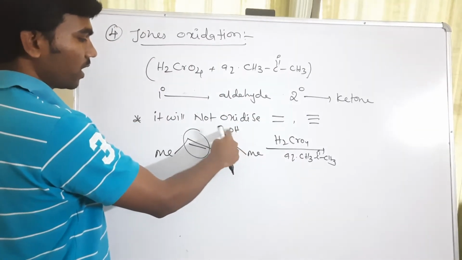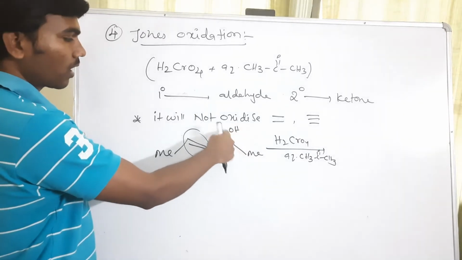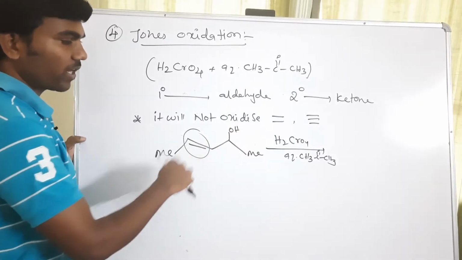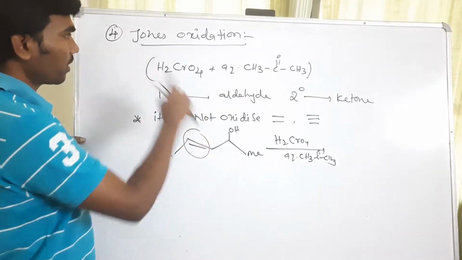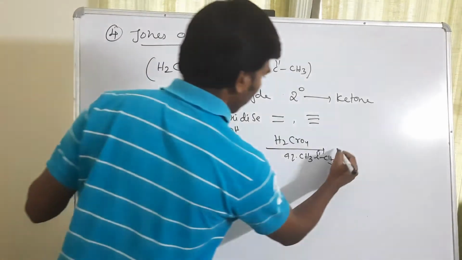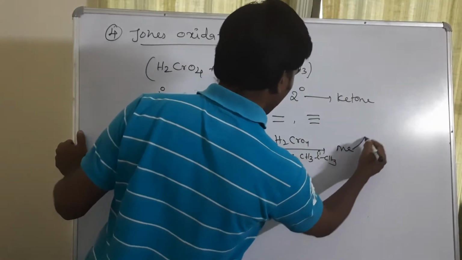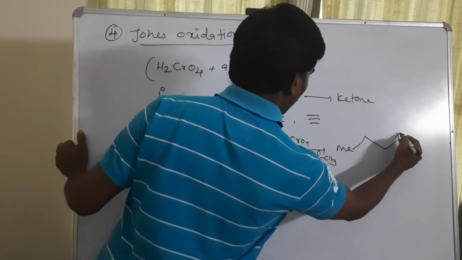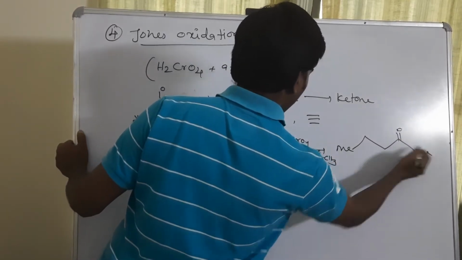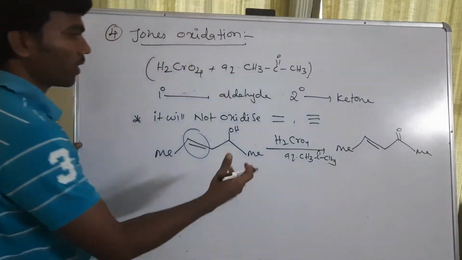It only converts this alcohol into a carbonyl compound, and there is no rearrangement in Jones oxidation. That is the speciality of Jones oxidation, so it is going to give C=O and methyl like this. This type of products it will give.